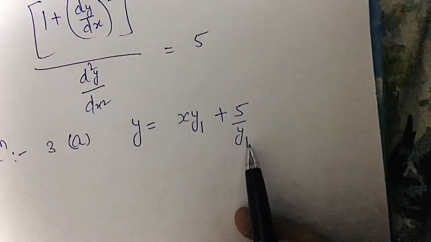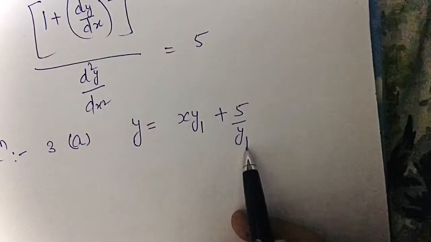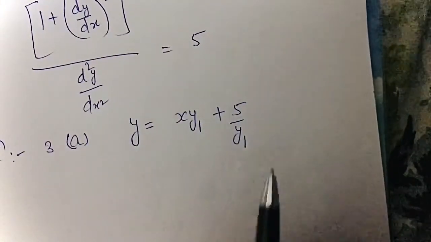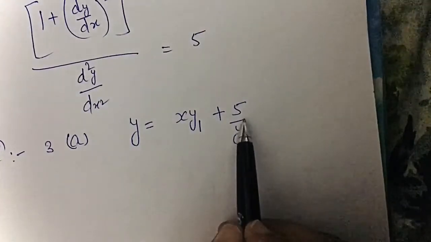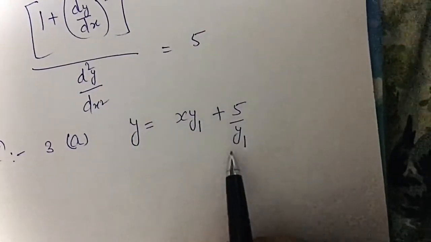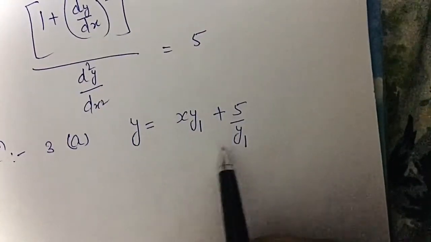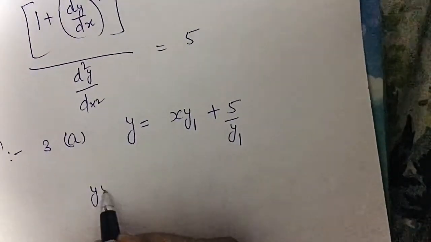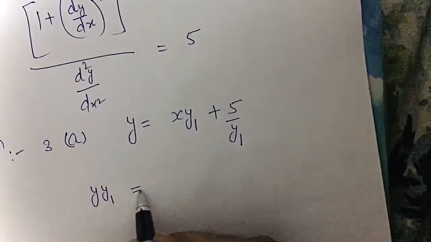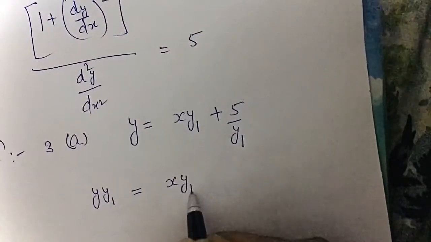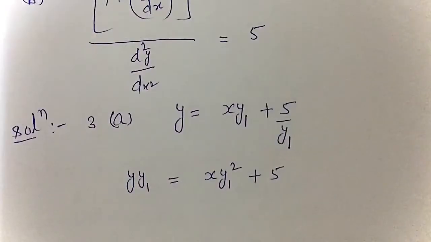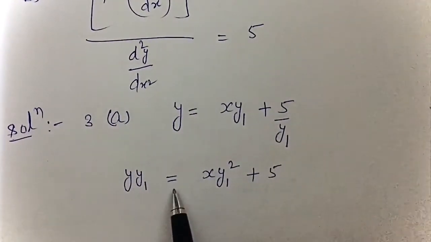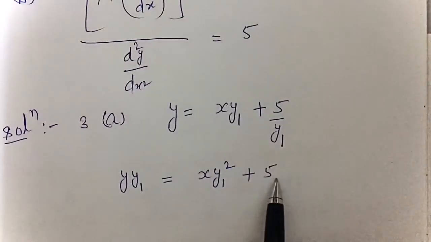We have seen in the definition of the degree that this equation should be free from the radicals and fractions. So first of all, convert this equation free from the radicals and the fractions. Therefore take the LCM, or y into y1 is equal to x into y1 square plus 5.